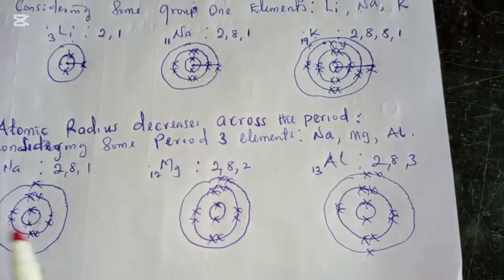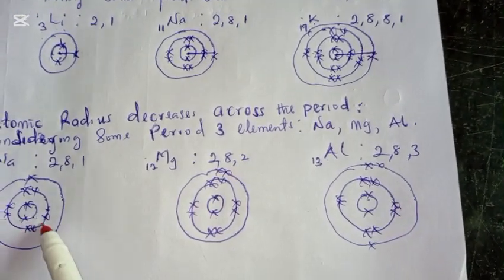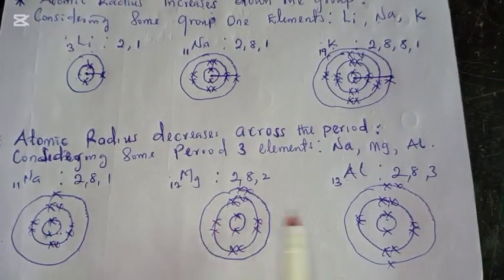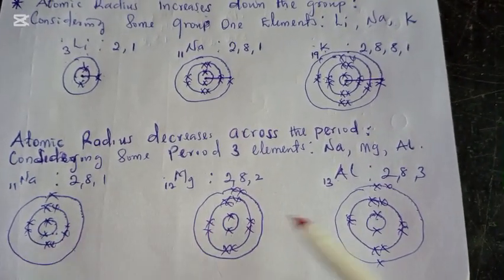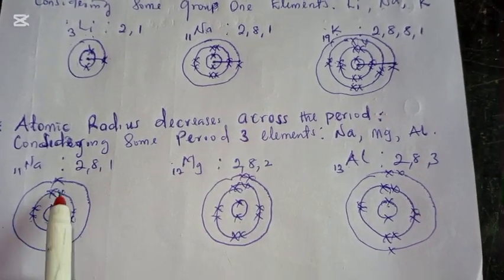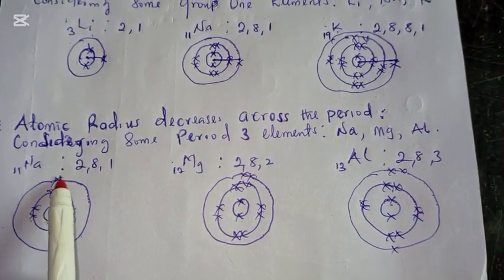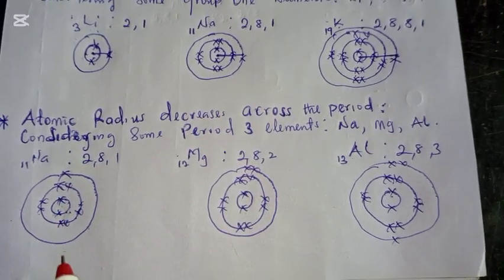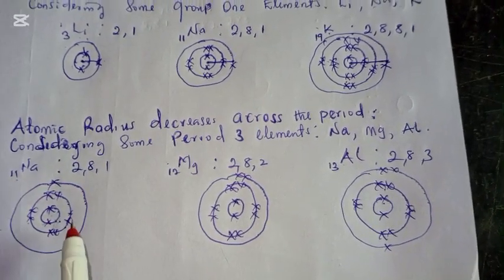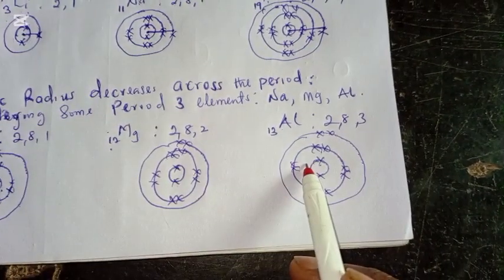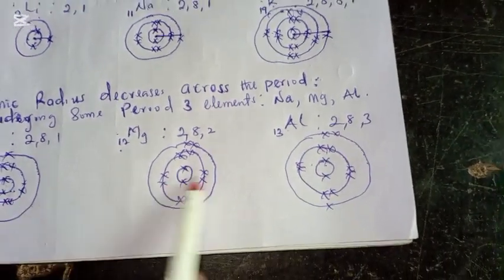Can you see that? That is, looking at the number of shells we have here, we have 3, 3, 3. And that actually determines period 3 in this case. But then, looking at the number of protons we have, since the atom is neutral, we have 11 protons here, 12 protons here, and 13 protons. Now, there's an increase in the number of protons.